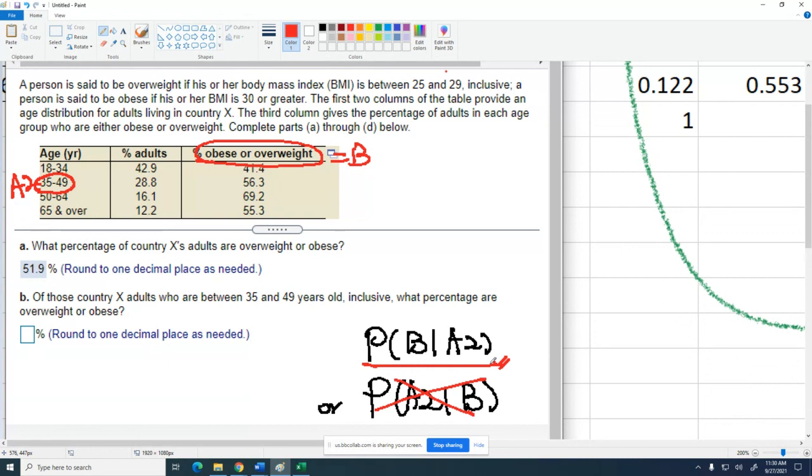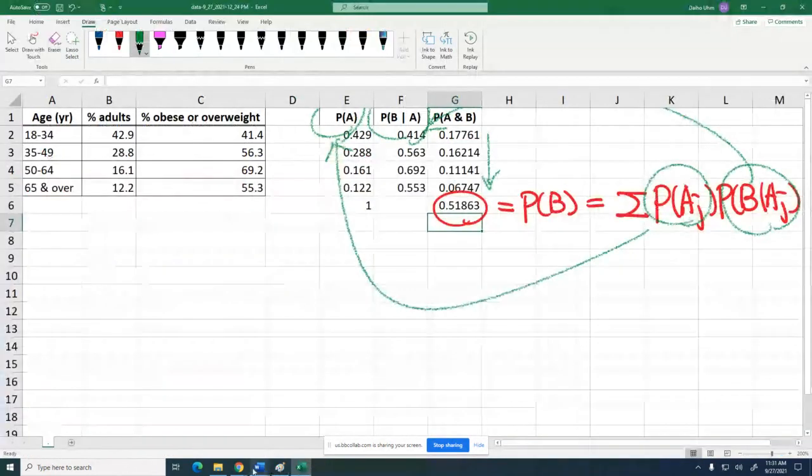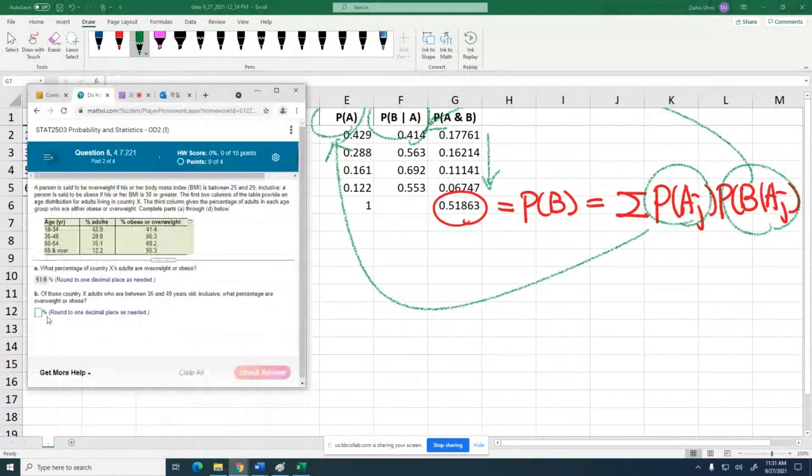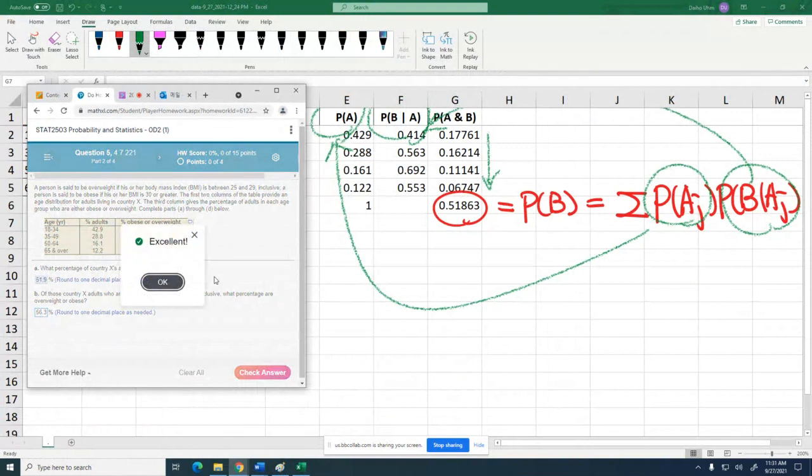It was the conditional probability of B among the age group 35 to 49. Exactly this. So I simply pick the conditional probability in the second column, 56.3%. We don't have to apply the Bayes rule because it is B given A2. So now simply I pick the second one, 56.3%.